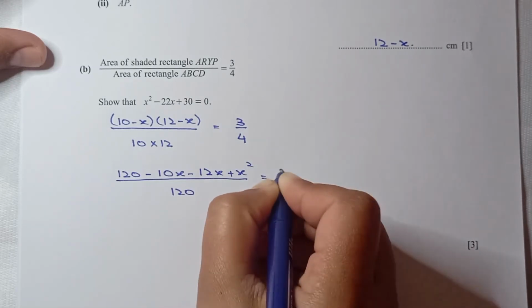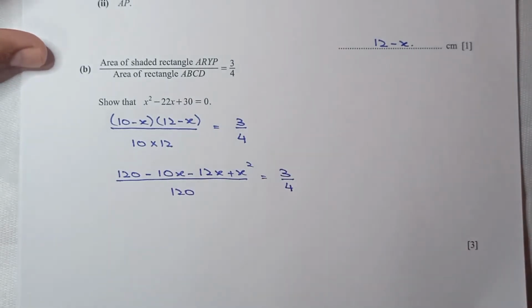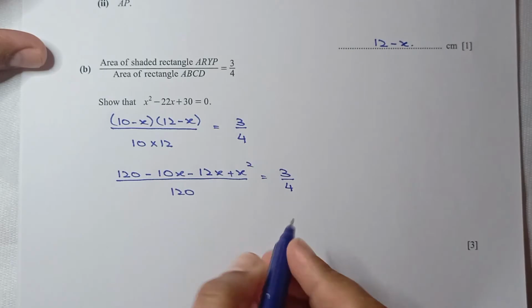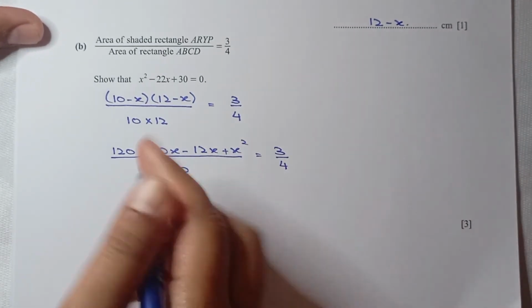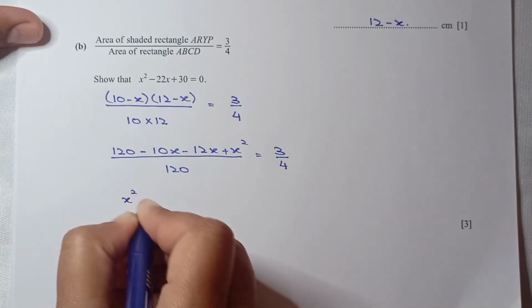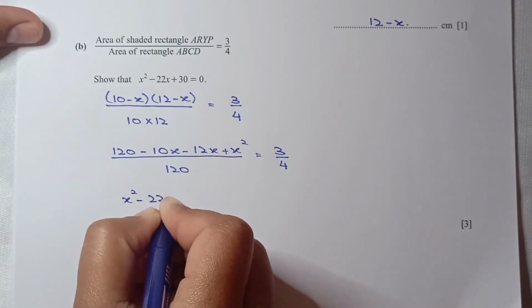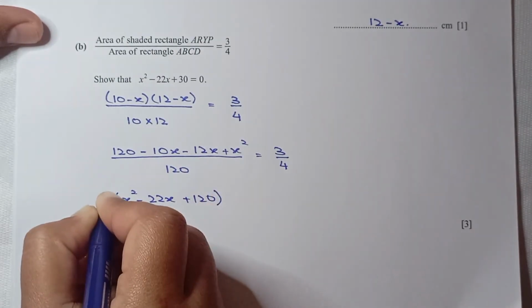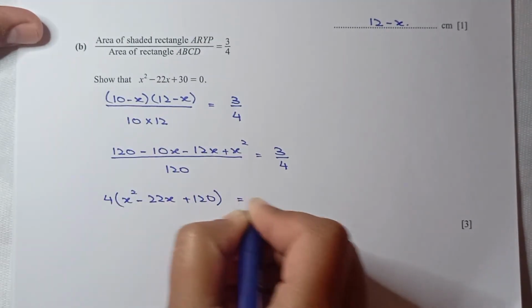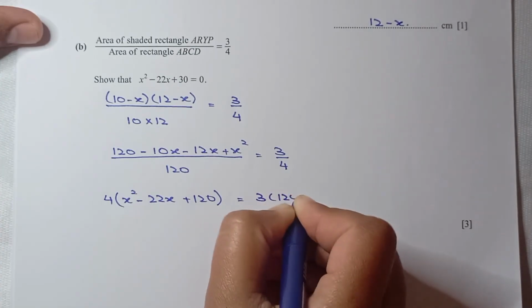This would be 3 by 4. Now we need to do a cross multiplication. Before doing that, let me do one more step. So x square minus 22x plus 120 is going to multiply with 4, and 3 is going to multiply with 120.